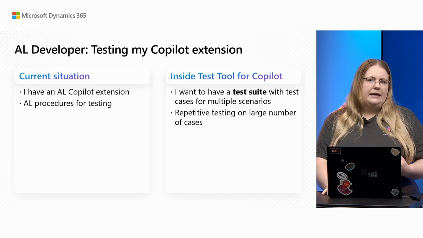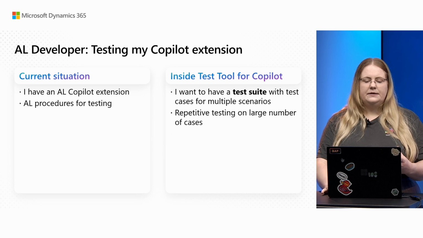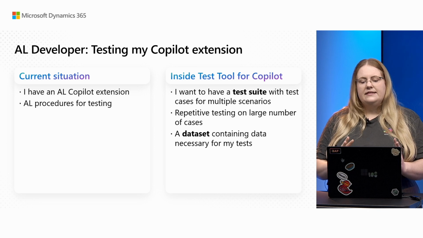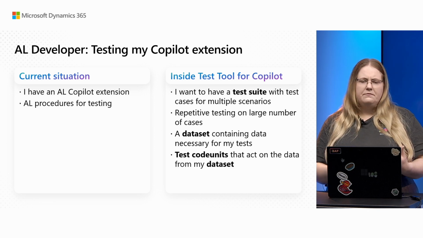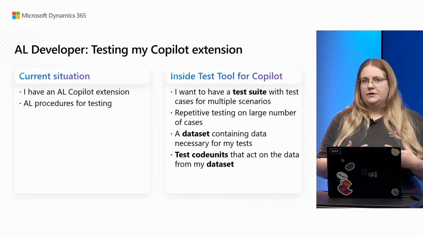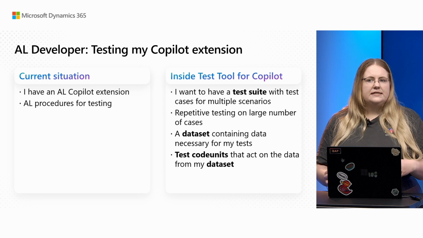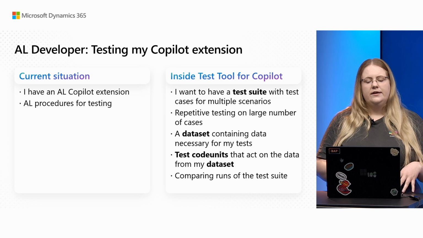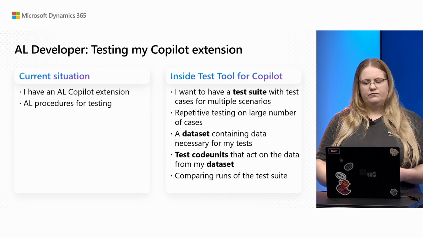And I want to enable repetitive testing on a larger number of cases, so I'll need a dataset that contains data necessary for my test. Then, obviously, I'll need the test procedures, test codeunits, that will act on the input data from my dataset. And then inside the tool, I'll be comparing runs of the test suite, the log entries, the results.